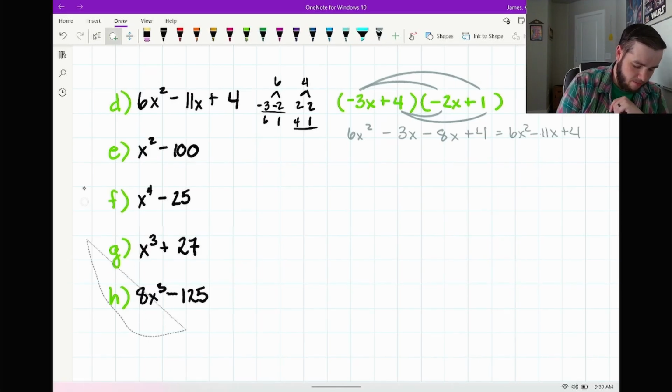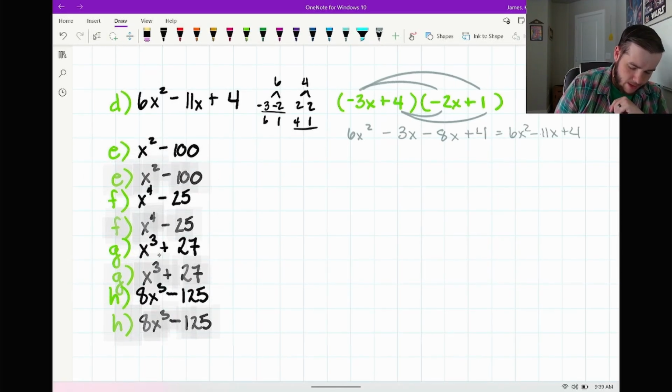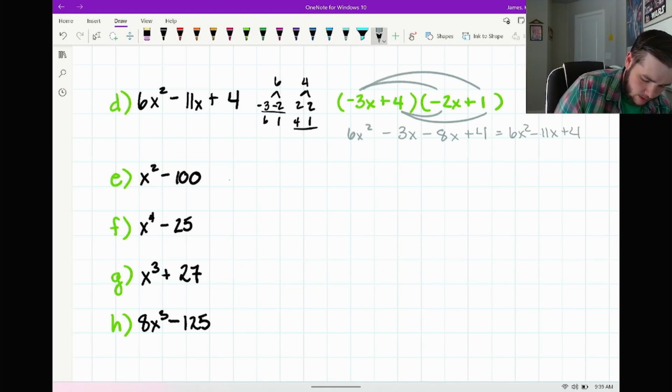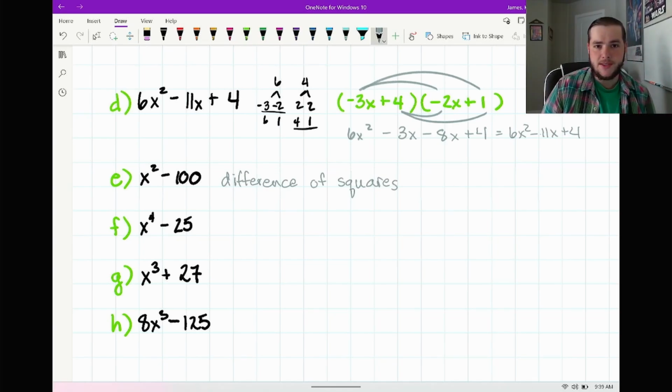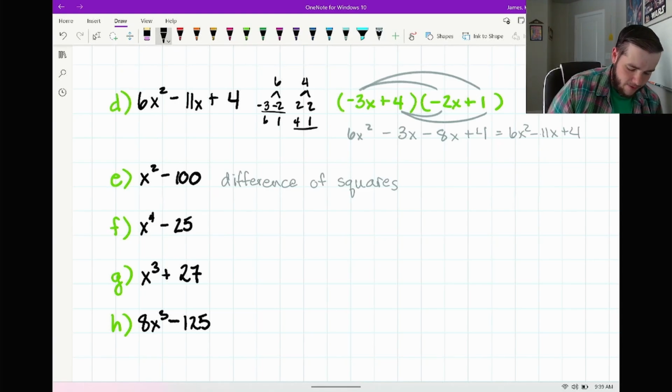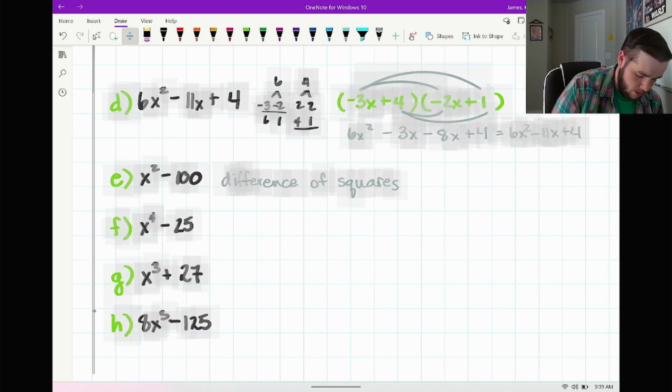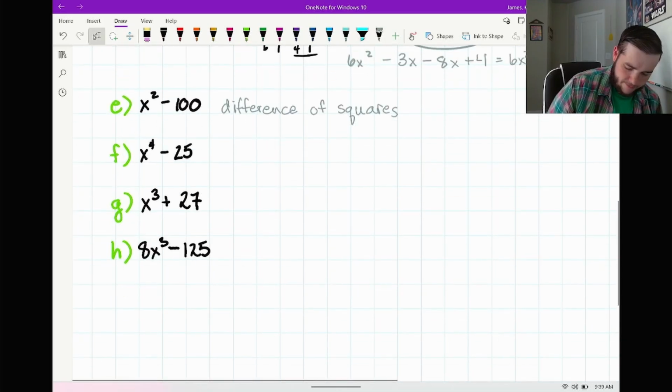Now, the next problem, part E, has a name. We call this a difference of squares, because I've got a perfect square minus another perfect square.